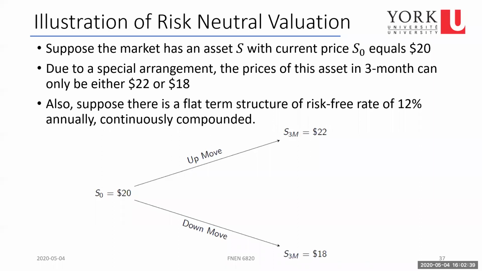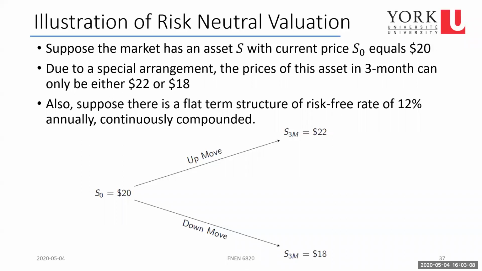Now, suppose you have a market. In this very simplistic case, the market can only have two movements, an up move and a down move. Suppose you have an asset, say a stock, that is currently at $20. Then in 3 months, this asset can only become 22 if it goes up, or 18 if it goes down.